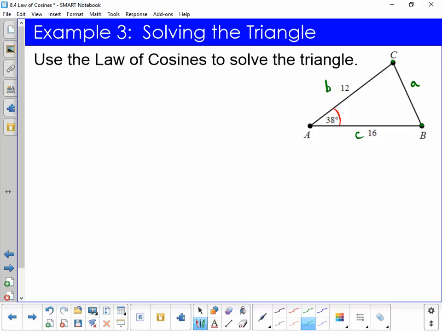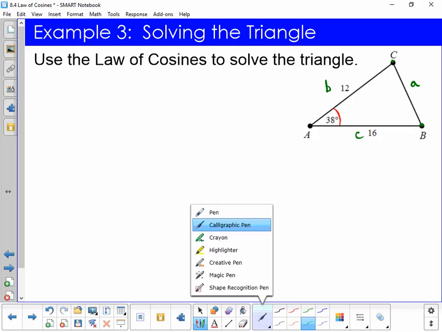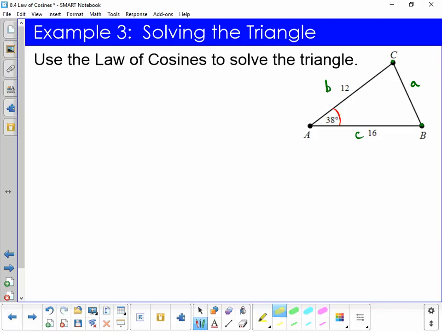Now, last time we talked about the law of sines, we can use the law of sines if we have a pair of things, either the A's or the C's or the B's, but in this case, we don't have one of those pairs. So we can't use the law of sines here, and that's when the law of cosines comes in handy.